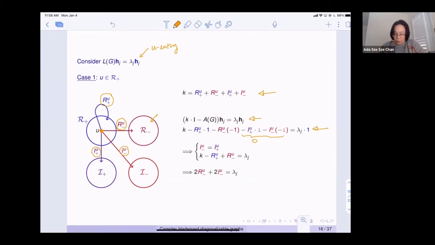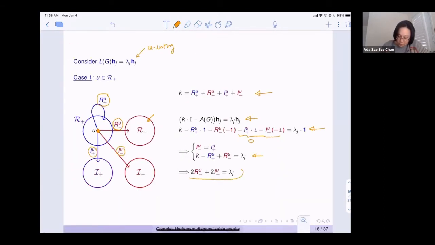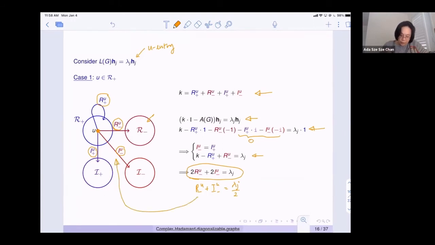If you compare the real part, then I get the second equation here. You just have to stare at it for a few seconds, and you see that combining these equations, we get this equation here. So what is this saying? This is saying that R minus of u plus I minus of u is lambda_j divided by 2. And this is the number of neighbors that the vertex u has on the right-hand side.